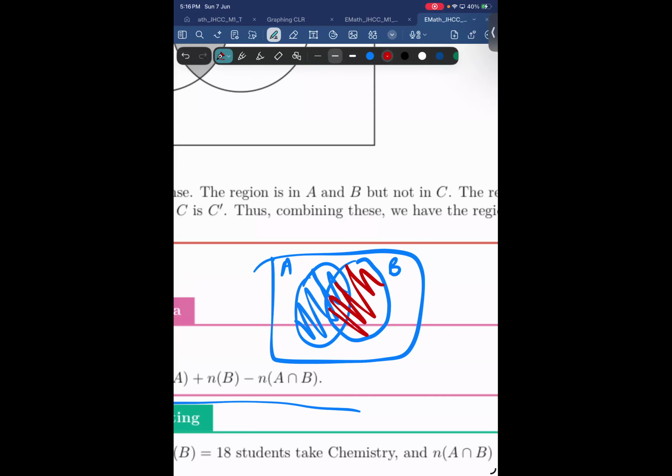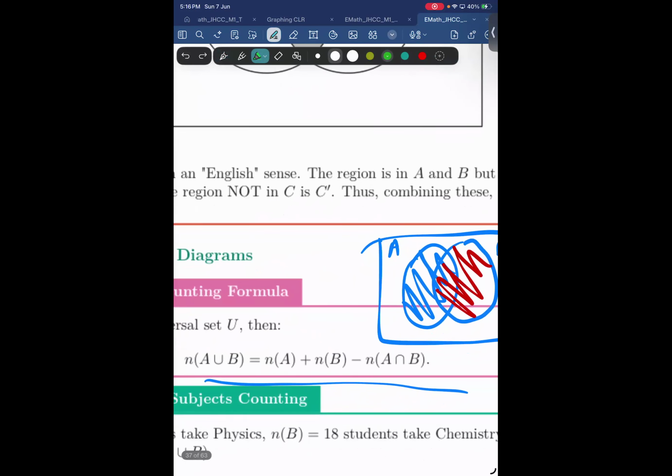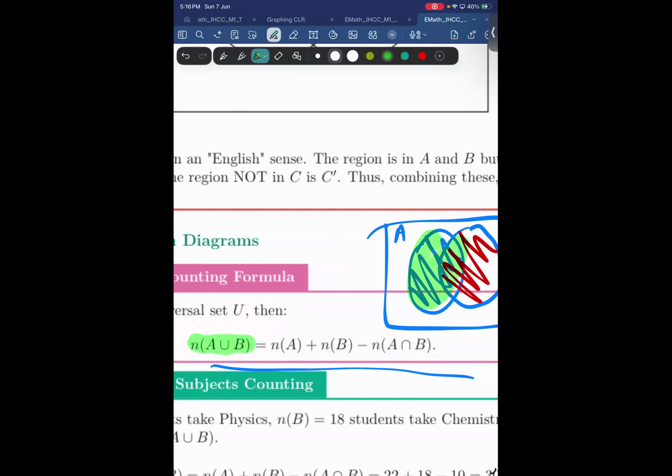If I only want to count it one time, I have to subtract the middle part, because it is counted two times. So if I want the union, this whole green region, I add A and B together, then subtract the middle part.